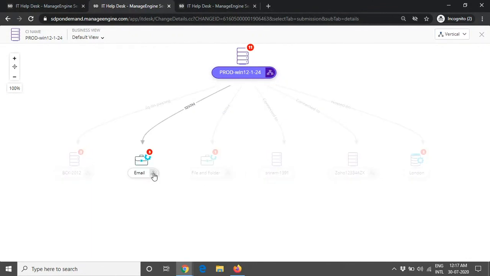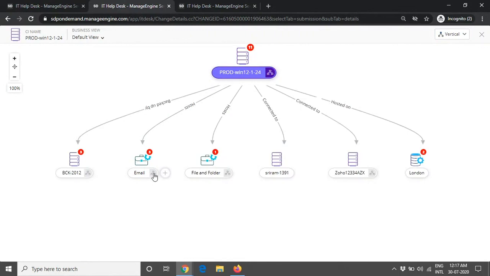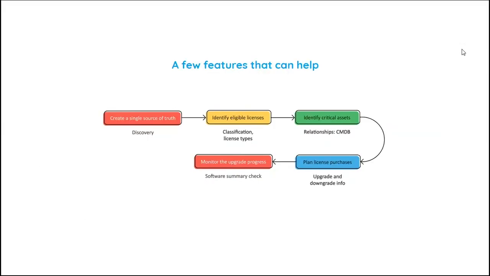And when you click on the relationship extension right here, you get to see the other interconnected relationships as well. So by doing this, you get to identify critical assets by making use of the CMDB.